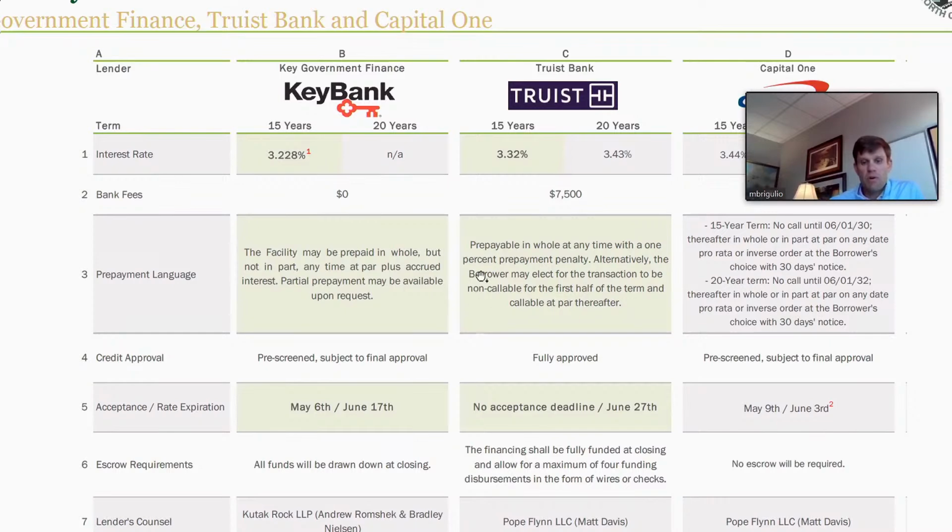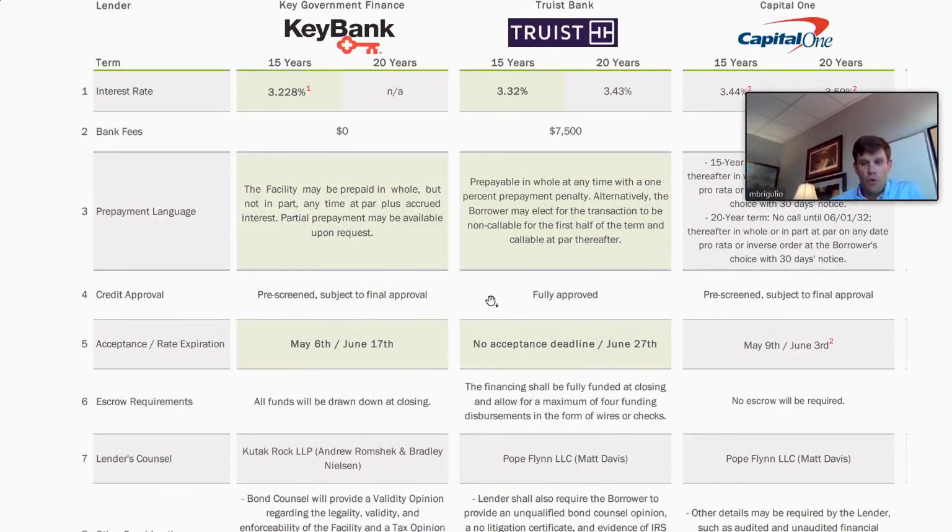The other key point that I want to point out for you is both Key Bank and Webster Bank will require an acceptance ahead of any closing on the loan. So in order to lock in this Key Bank interest rate, we have to accept the loan or accept their terms by May 6th. That's this Friday.